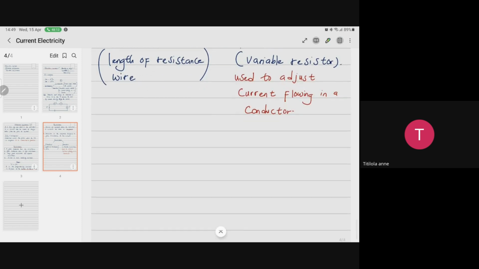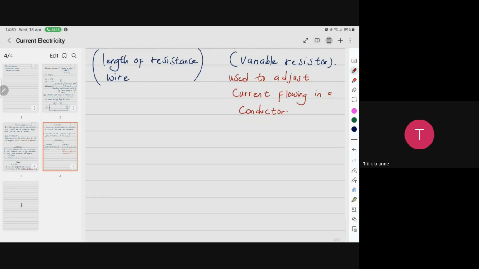Now let's look at the connections of resistors in series. If resistors are in series, you add them together. Remember what I said? If resistors are in series, what happens to the voltage? Who can tell me?